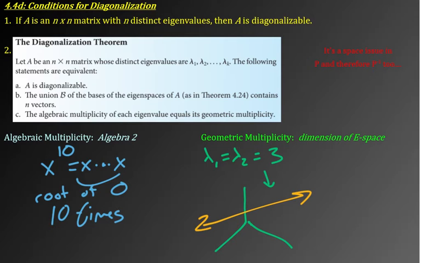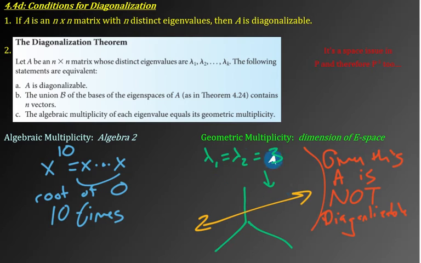So maybe I should write that. Given this, whatever matrix A we have is not diagonalizable. And I'm going to show you examples of this kind of idea. The idea is that you wouldn't have the space to build up P. Because if you have a repeated root, you need to have a plane's worth of eigenspace.